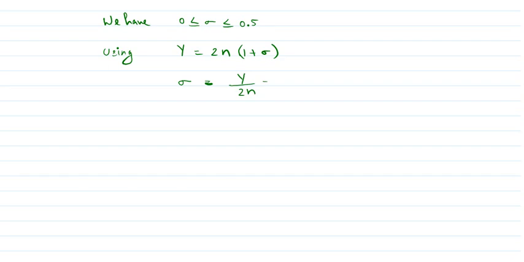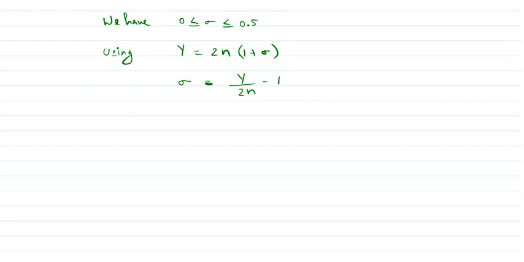Using the equation Y equals 2n into 1 plus sigma, we can write the equation for sigma as Y by 2n minus 1, and the value will be between 0 and 0.5.